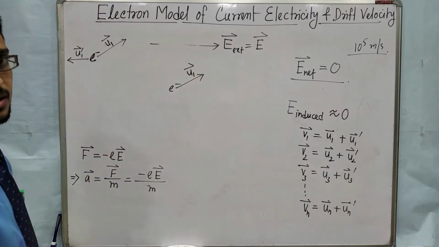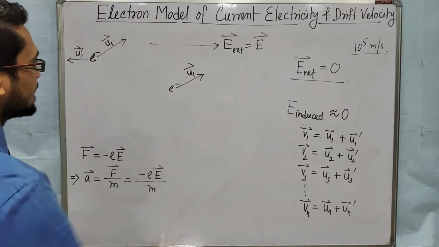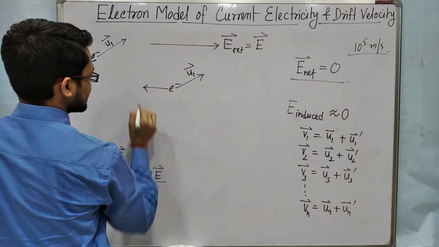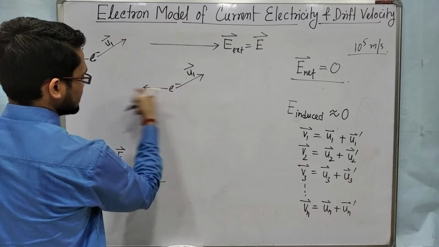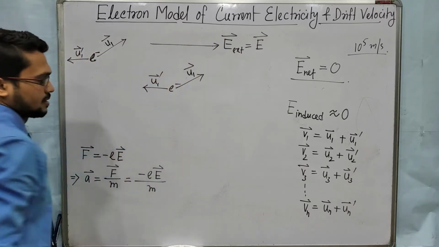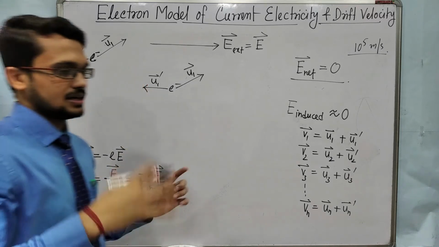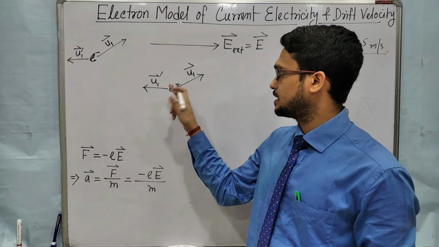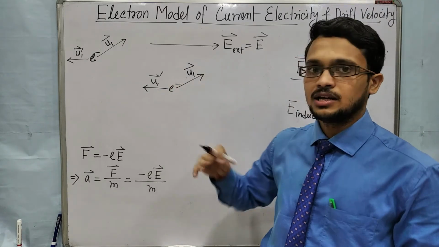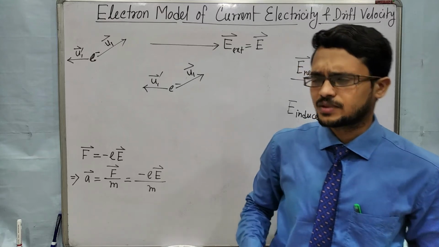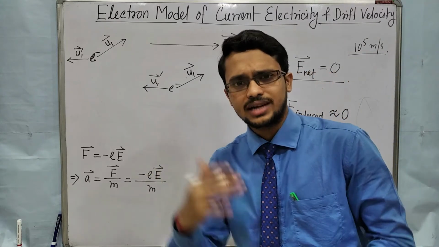Due to this external electric field, it moves in this direction, which is U1 prime. So it is moving with the resultant of these two velocities. This velocity is very high, so it is a zigzag, random motion, with 10 to the power 5 meter per second.